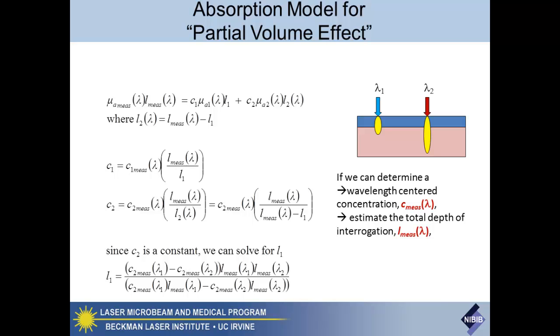Then I know there is a layer this thick, and the concentration specific to that layer is this amount, as opposed to average amounts based on the volume you interrogate.